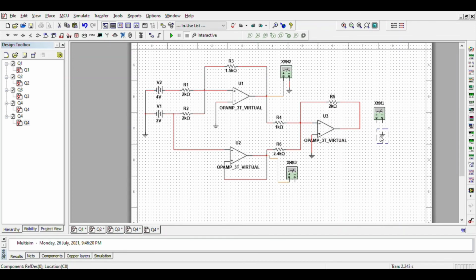Negative will be connected to ground. Okay, this is for the value of V03. Then negative also will be connected to ground. Okay, then we can run.